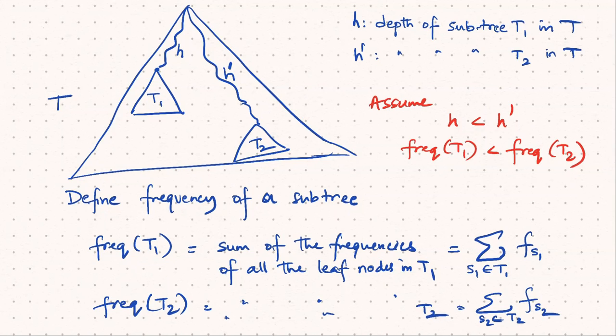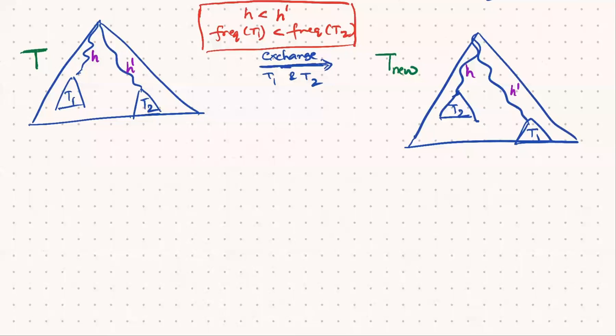So this is the picture we have. We have some tree T where T1 and T2 are two subtrees of T, with these depths h and h prime, and we are just exchanging these two to get this new tree T new, where T1 and T2 are exchanged.